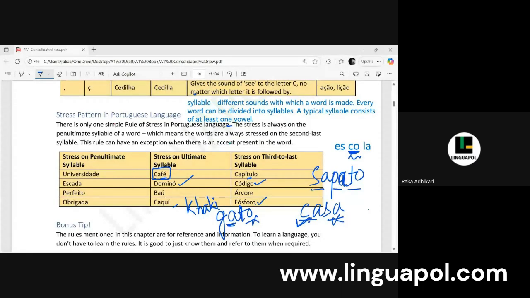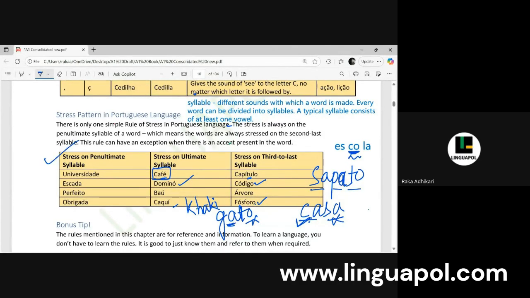This word is fósforo. So only fós is extended. Rest of it is small. So similarly, the conclusion is that wherever we have accent agudo, we will stretch that part. And if there is no accent in the word, then we will stretch the second last syllable.